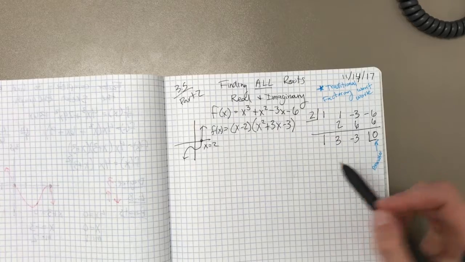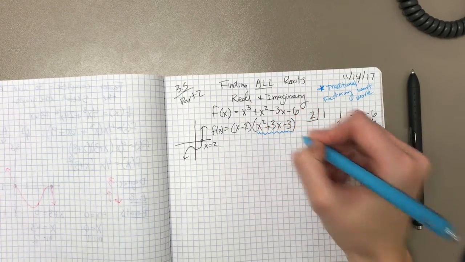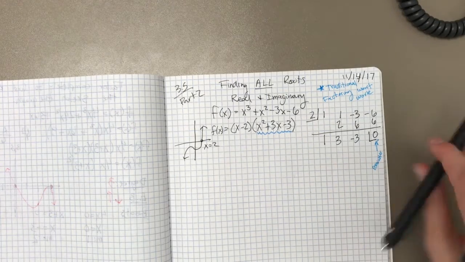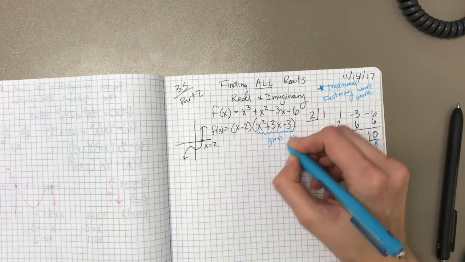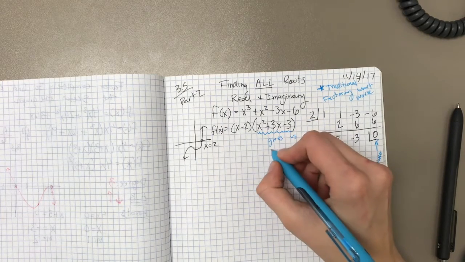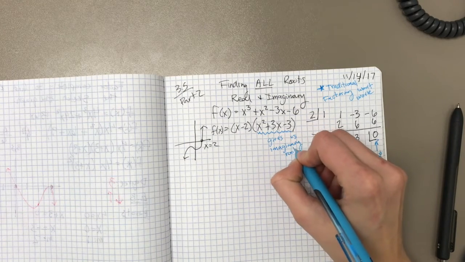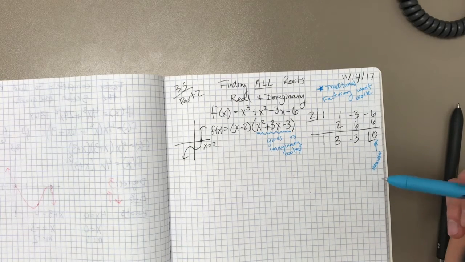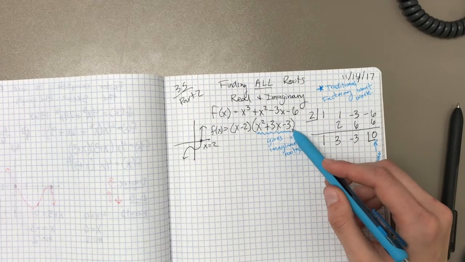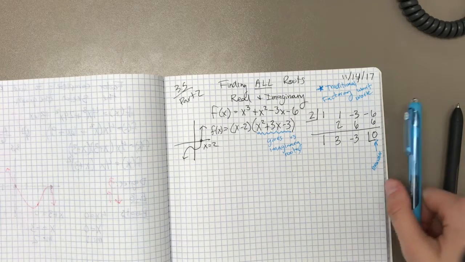Okay, now we can try to factor something else. We take a look at this little polynomial, and it's going to give us our imaginary roots. Now I look at this and I can't factor by grouping, and it's not a difference of squares, and I can't find numbers that multiply to -3 and add to 3, so that means I'm going to have to use the quadratic formula.